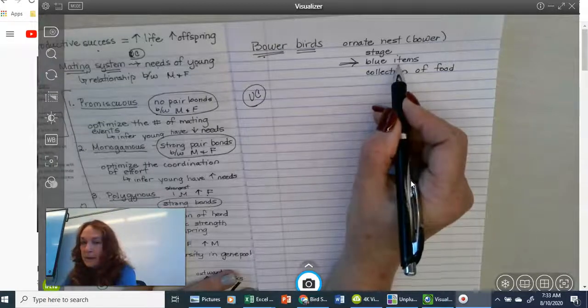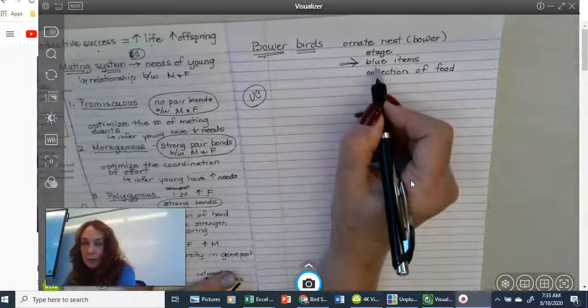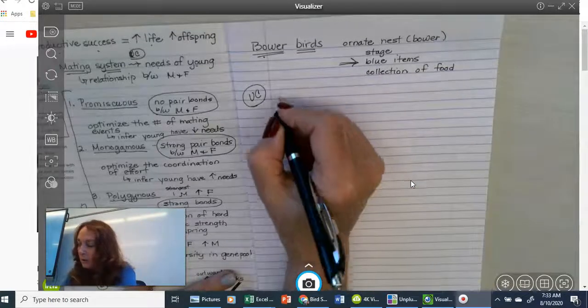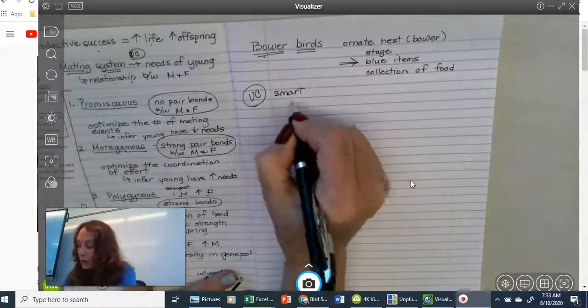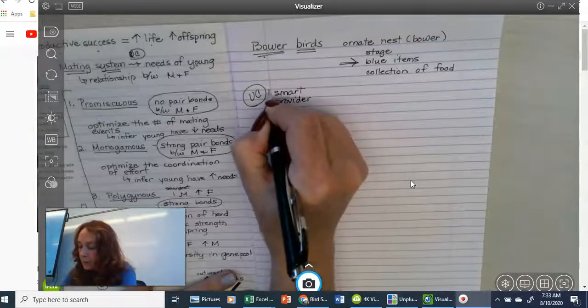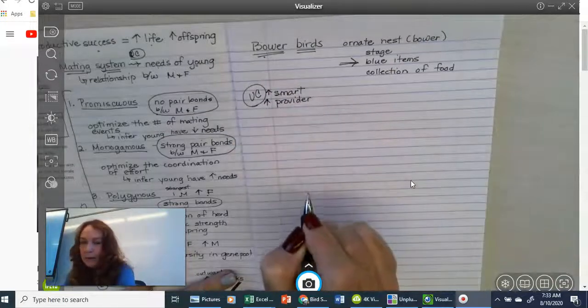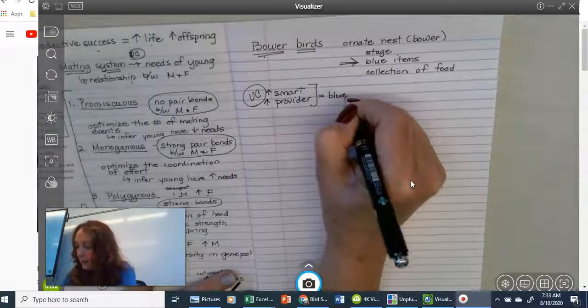What's the point of this? If you ultimately are able to go source a bunch of blue items, first of all, you're pretty smart, right? And second of all, you're going to be a good provider. So you're smart and you're a good provider. And that's the evidence for the blue items.